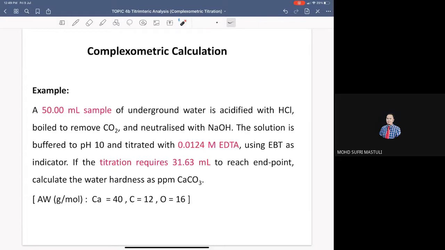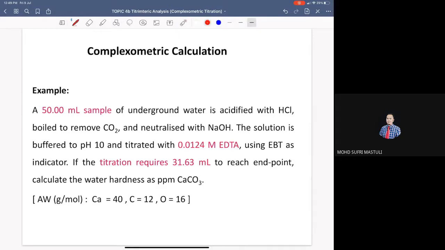The solution is buffered to pH 10 and titrated with 0.0124 molar EDTA using EBT as indicator. The titration required 31.63 ml to reach the endpoint. Calculate the water hardness in ppm of calcium carbonate.